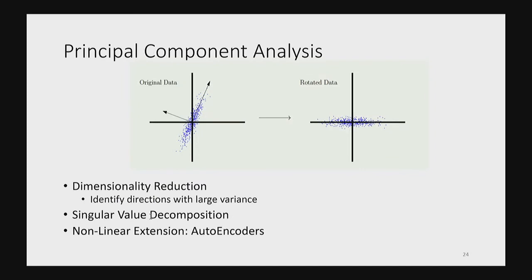Principal component analysis is a topic that we may or may not have time to cover this semester. I have to see. It has to do with reducing the complexity of the data that you're given into a form that's easier for the computer to digest. For example, if you're given this kind of data points, at first glance you may say, okay, these are two-dimensional data points.